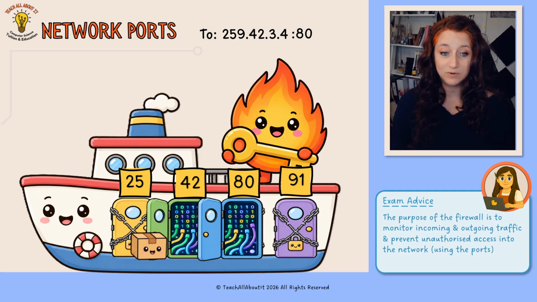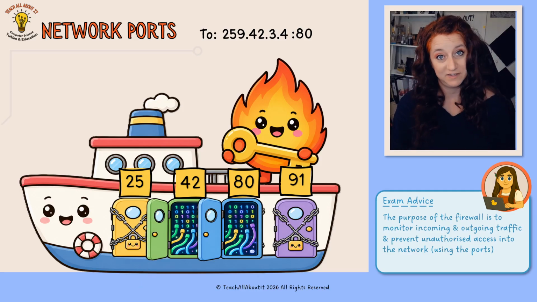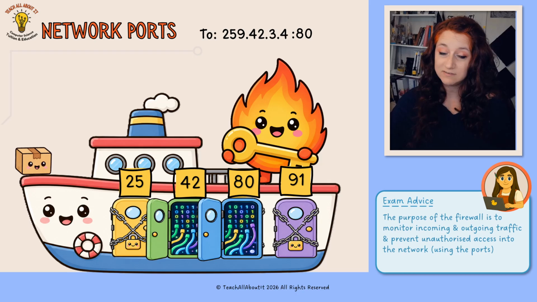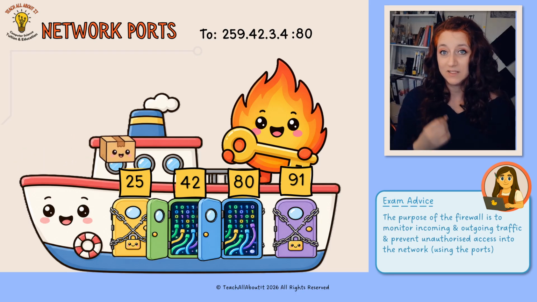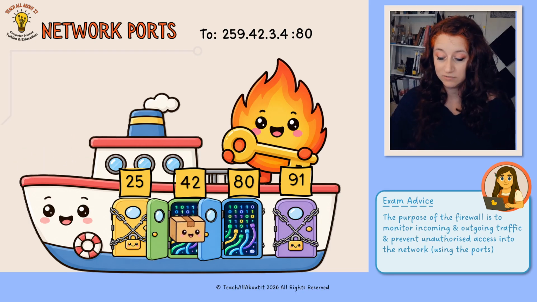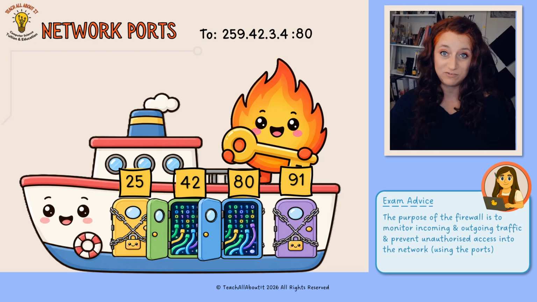The firewall is going to take this and get rid of it. The next email that comes through uses a socket which has our correct IP, but it's going to use port 42. Now that particular door happens to be unlocked, which means that it's going to end up going into the network and it's going to be accepted. So the firewall in this case is doing its job using both the IP and the port.